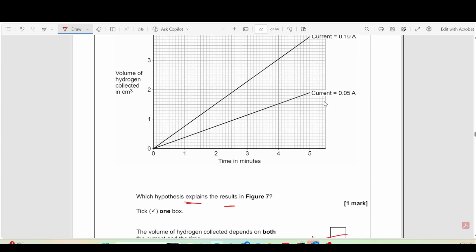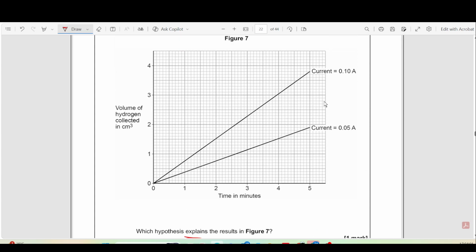Why? As you can see in this graph, for any single line, like a fixed current, the volume of hydrogen is increasing as the time is increasing. They both are increasing, this is time and this is volume, and the graph is going upward. So that means they depend on both.